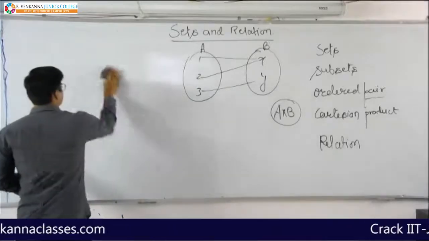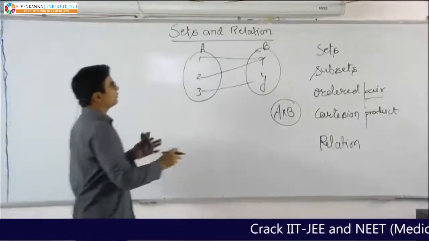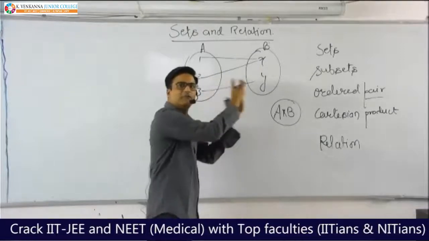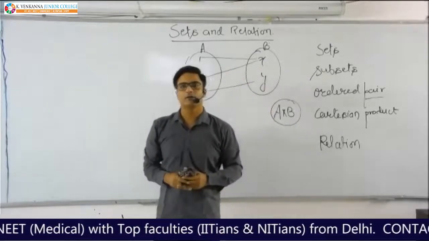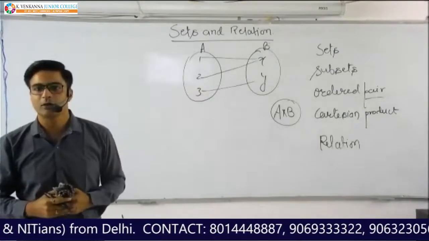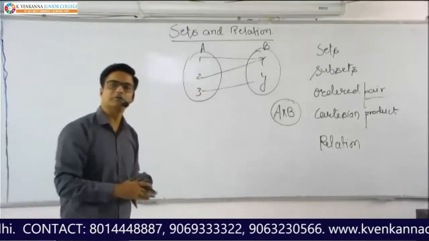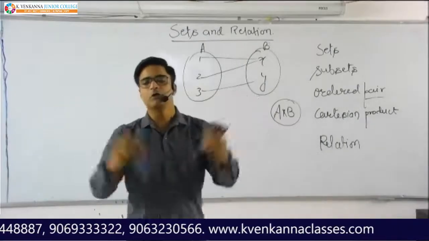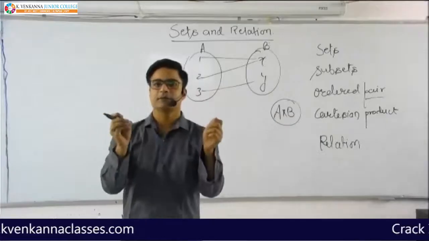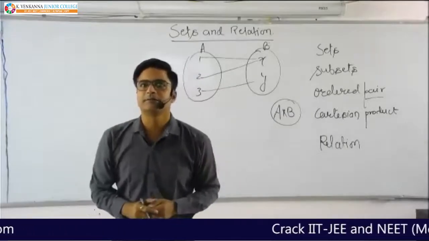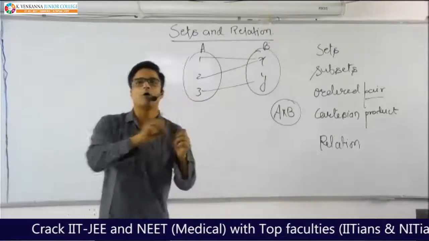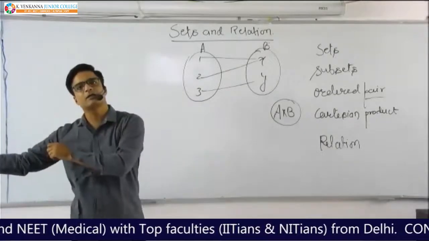Now, based on how we are connecting elements of set A with the elements of set B, we define so many types of relations. Like in general life also, if all of you are students, then I can simply say that, let's say Charita, Chatuteja, Deepak, Santosh, Hanok, all are students of Venkana Junior College.